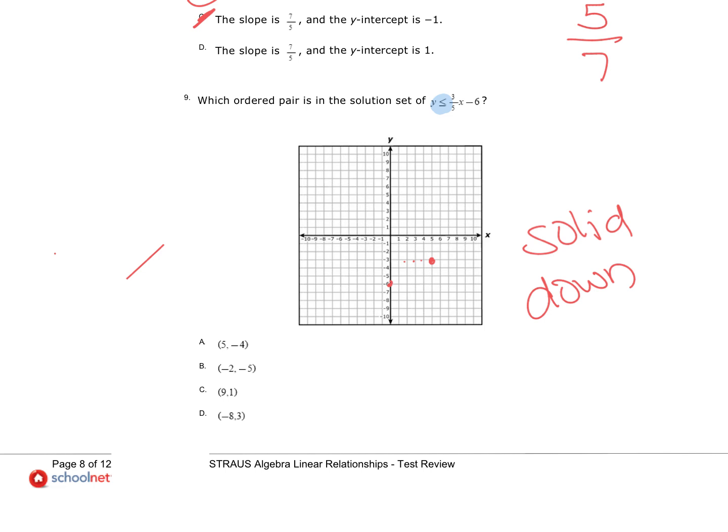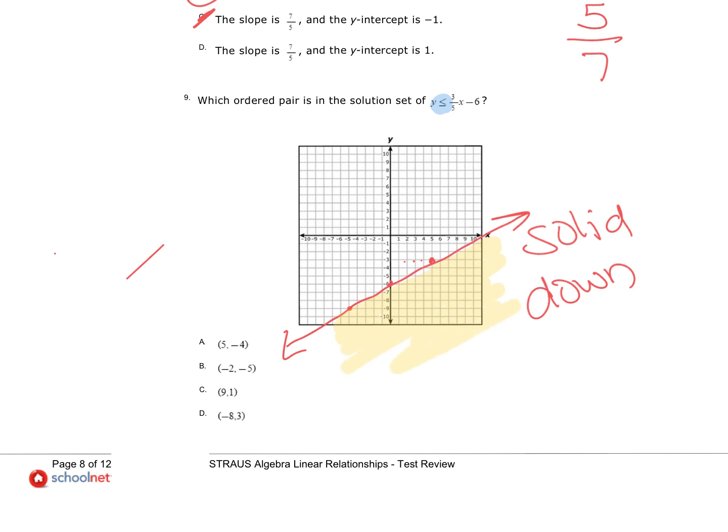And then I can go in reverse, 1, 2, 3, 4, 5, 1, 2, 3. It's going to look something like this with a solid line, and I am shading down. So my solution set needs to be somewhere on that solid line or in the shaded area.